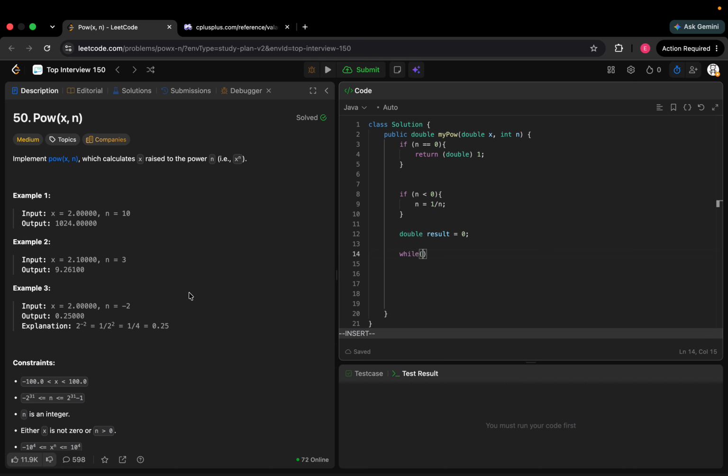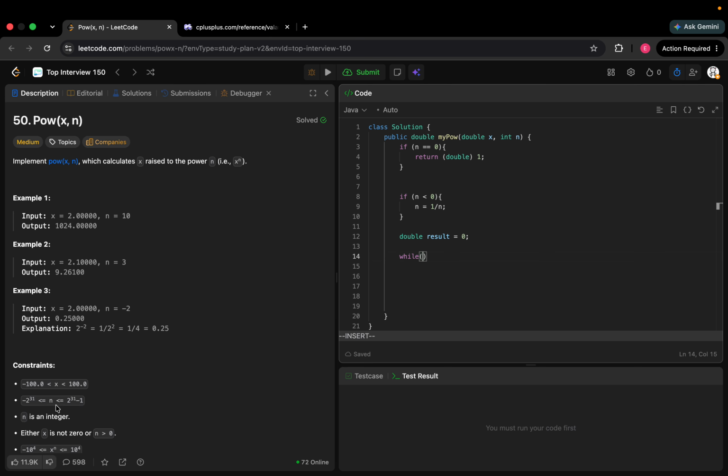And for here, we can see that n, if out of this range, is definitely out of boundary.